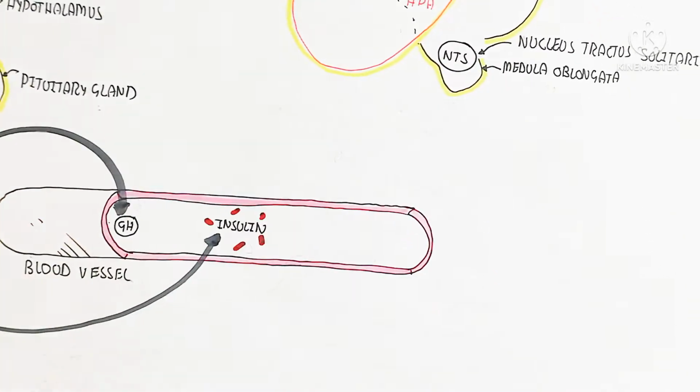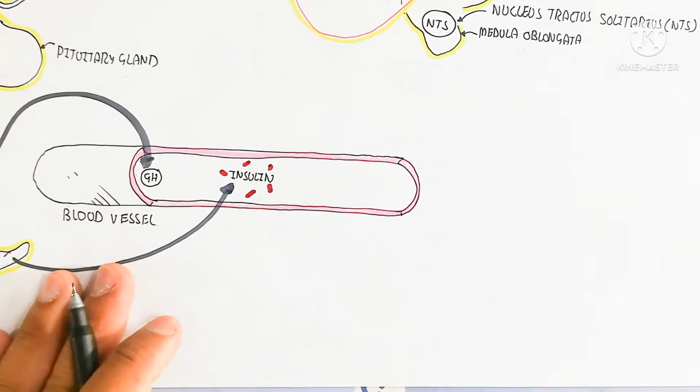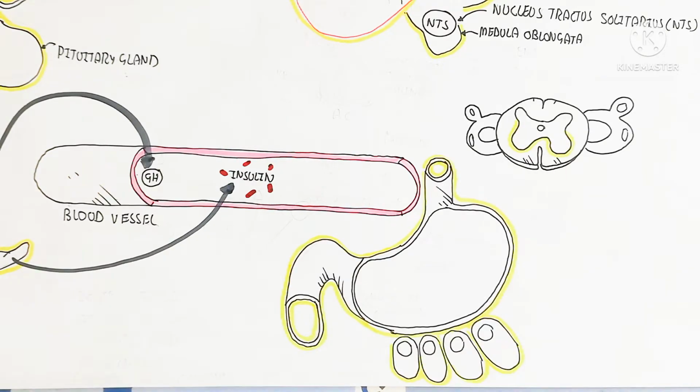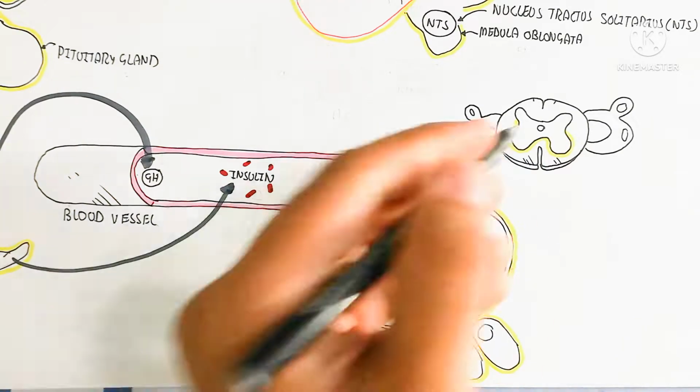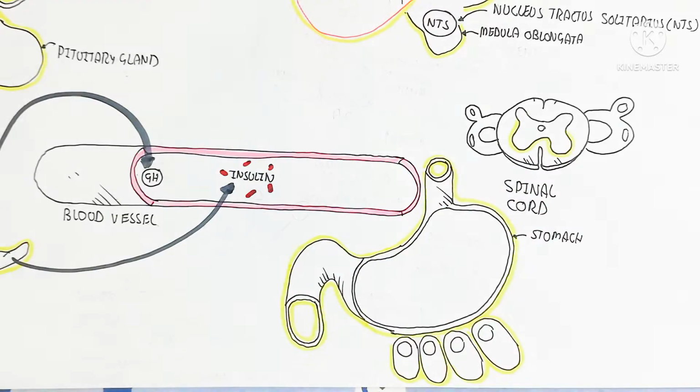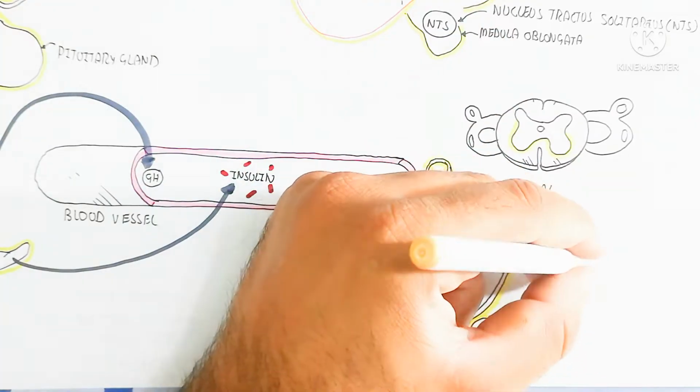And here is the nucleus tractus solitarius, NTS, in the medulla oblongata, which will target the Edinger-Westphal nucleus for binding with ghrelin.